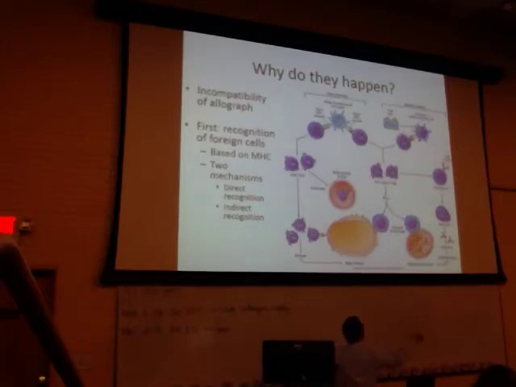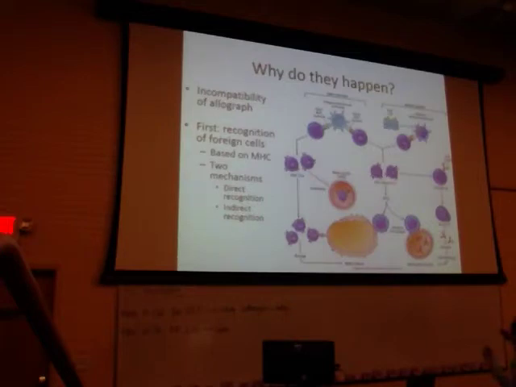That's the direct pathway. The indirect pathway doesn't involve any cytotoxic T lymphocytes. It's only CD4 positive T cells. This one's a little different. This is the recipient or the host, whoever's getting the donated organ. Their antigen presenting cell finds antigen on the graft, brings it in, presents it to the helper T cell.